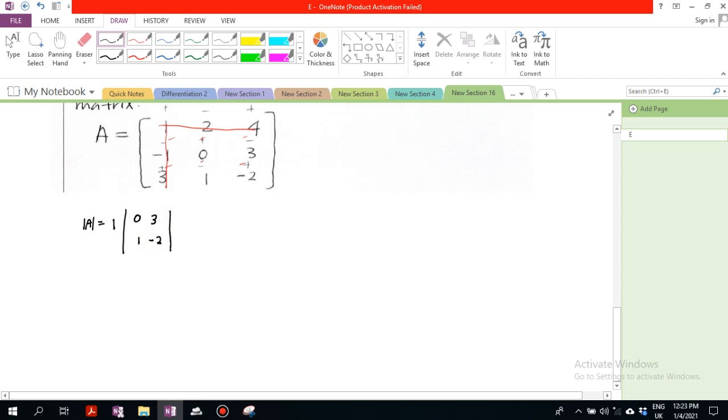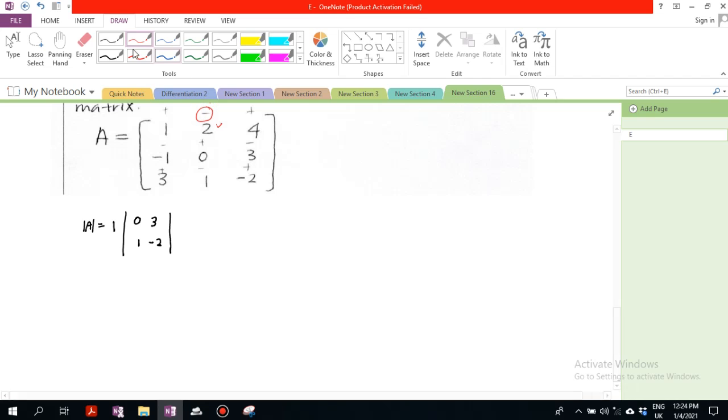Then, next we take the second one, which is 2, but we know this is a negative, so automatically it will be negative 2. The matrix remaining is negative 1, 3, 3, negative 2. Then the third one will be plus 4.